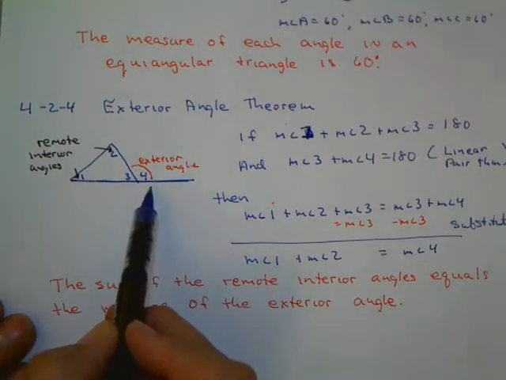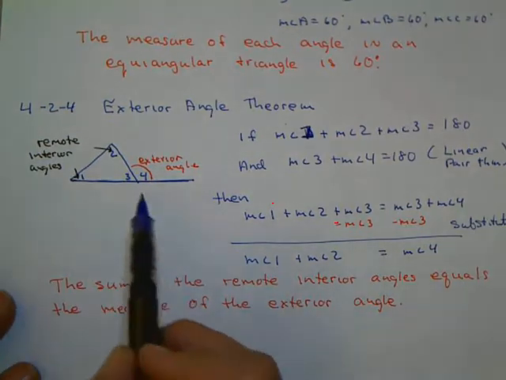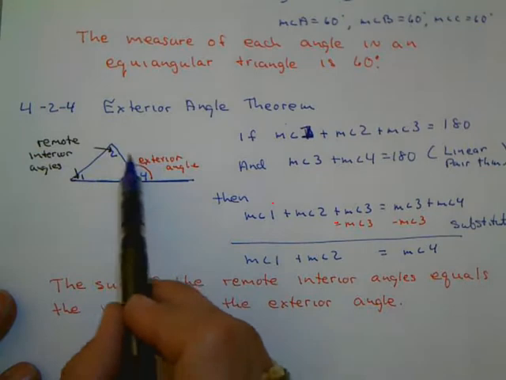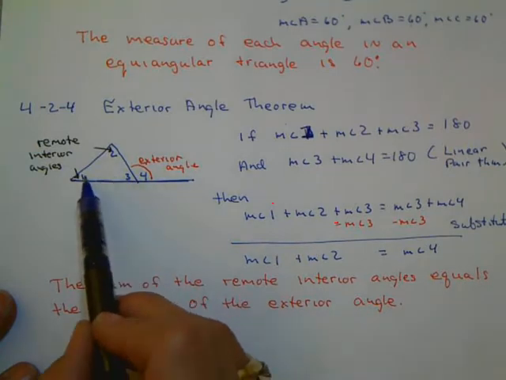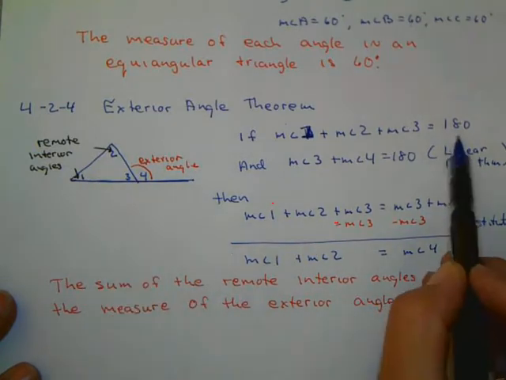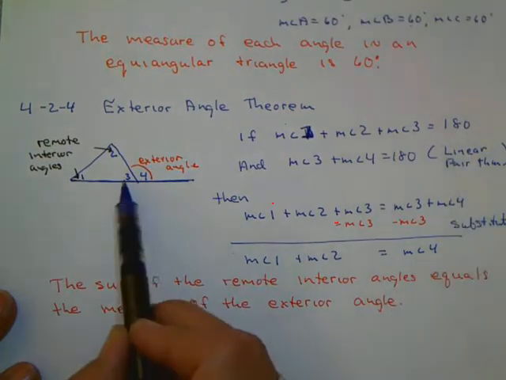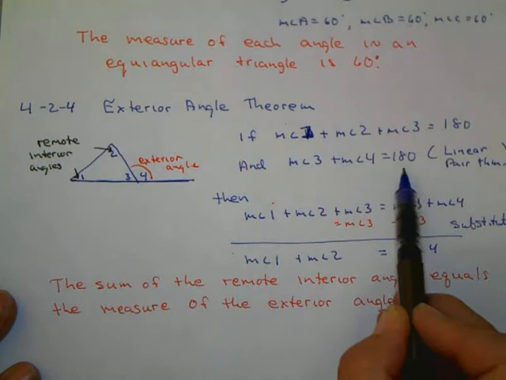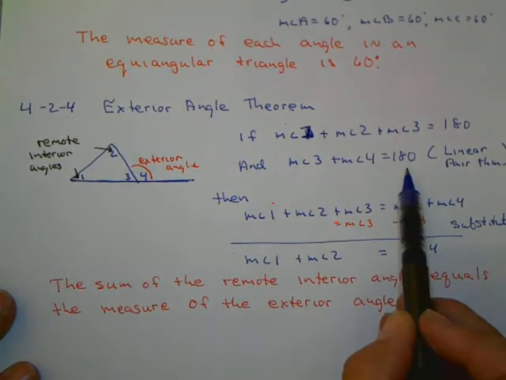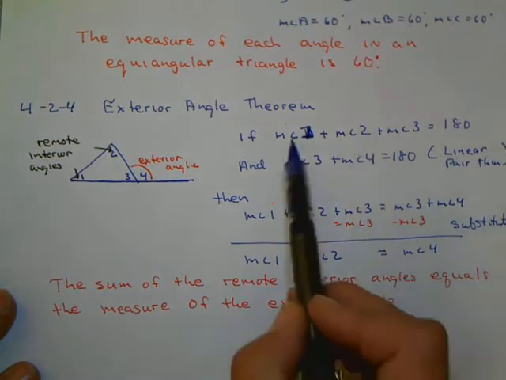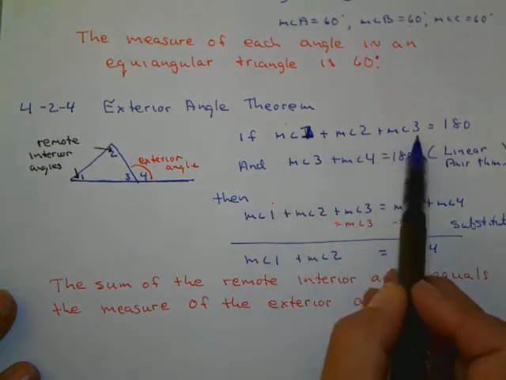So here's what we know about the relationship between these angles. I know the sum of these three equals 180. That's what we just learned. I also know that angle 3 plus angle 4 equals 180 from the linear pair theorem. We learned that in chapter 1. So I can put angle 1 plus 2 plus 3 equal to angle 3 plus angle 4 by substitution.